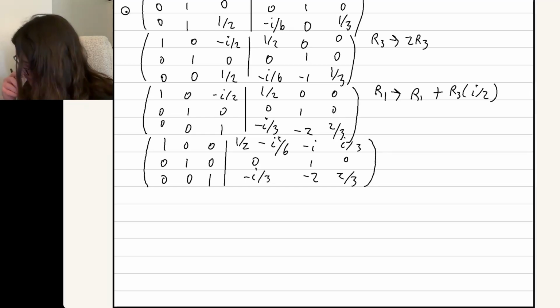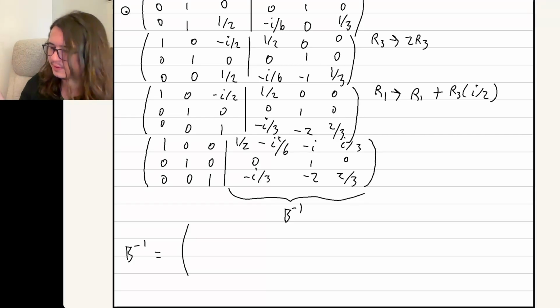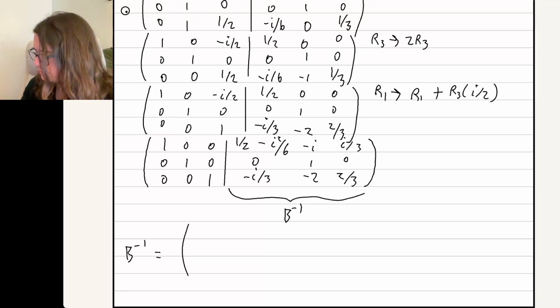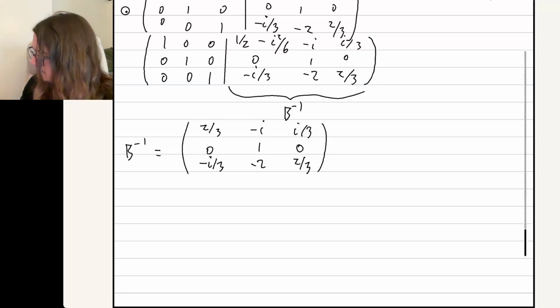So now what is on this side is now the inverse of B. So we've got the inverse of B is equal to 1 half plus 1/6, which is 4/6, which is 2/3, and then 0, and then minus i over 3, and then minus i, and then 1, and then minus 2, and then i over 3, and 0, and 2/3, which we can write instead by pulling out a factor of 1/3.